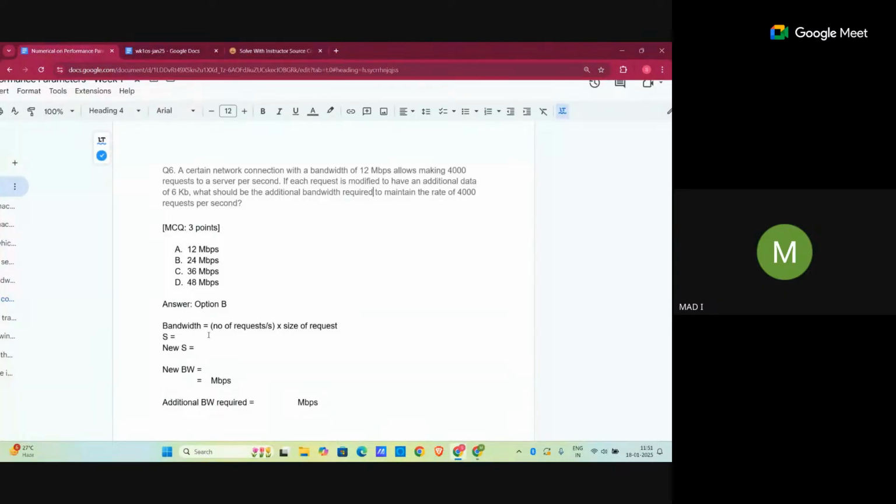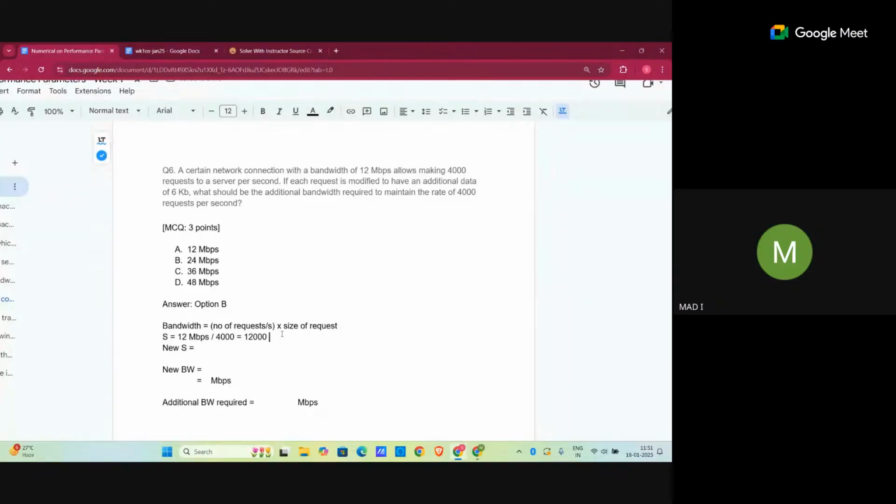So it will be equal to 12 Mbps divided by 4,000. 4 threes are 12, so here I can also write it as 12,000 kbps, right?